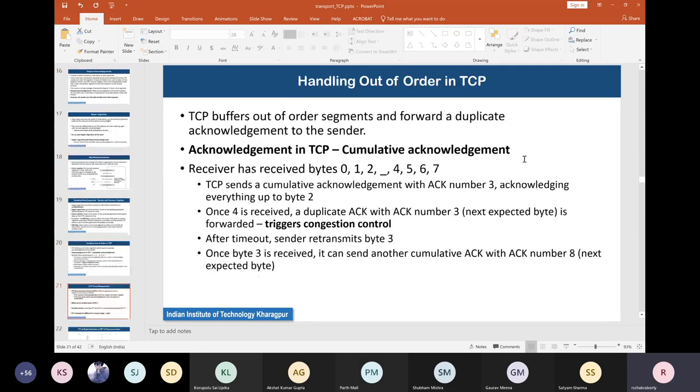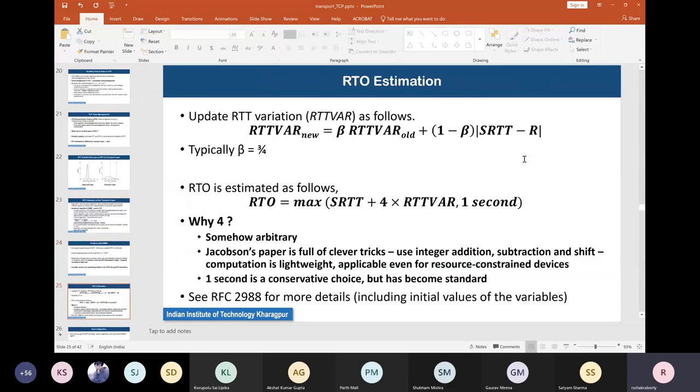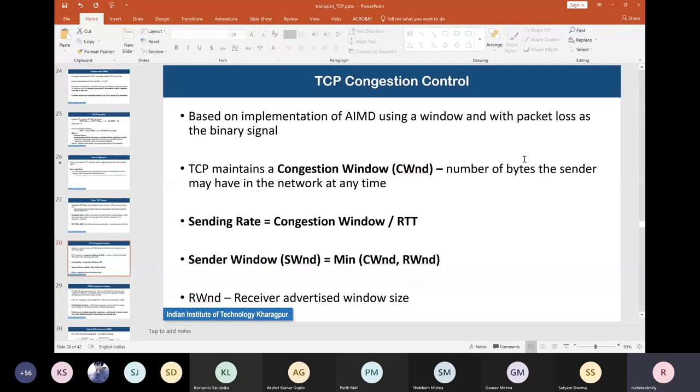Now it is restricting itself even more, and it is saying, well, I will keep myself less than the receiving window size, no problem. That will be my upper limit, but I will keep it even lower, maybe to something called a congestion window.